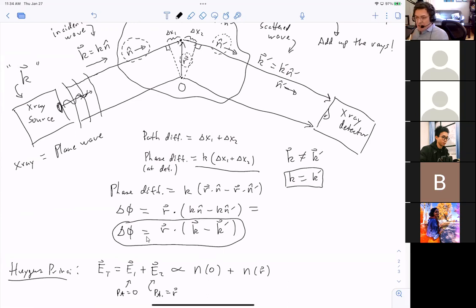From Huygens' principle, the electric field is proportional to that electron density, because if there's more electron density, there'll be more scattering. That's a very simple relationship. But there's one difference: the wave coming from point r has a phase difference, e to the i delta phi. And that is the essence of diffraction. That's the key point to understand.